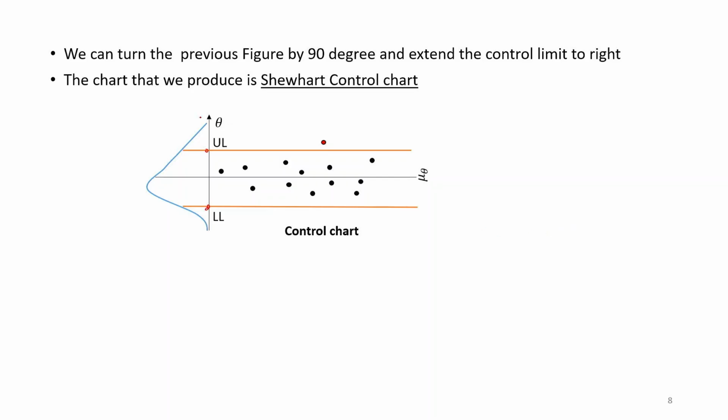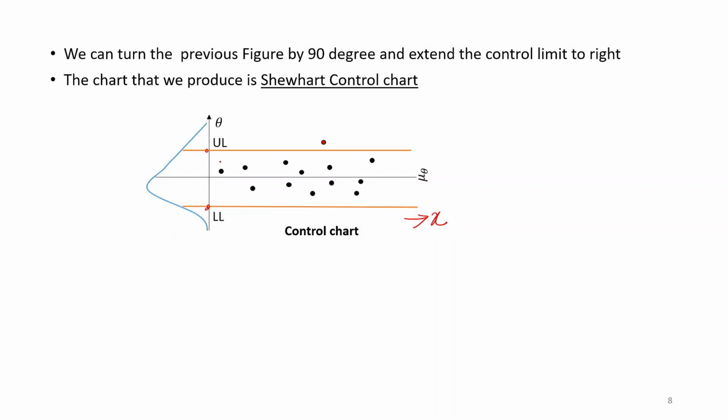And now if you look at this graph, where these dots are representing the data, the value of the parameter theta as a function of time. X-axis is basically the time axis. These points are indicating the values of the parameter theta at different points of time.